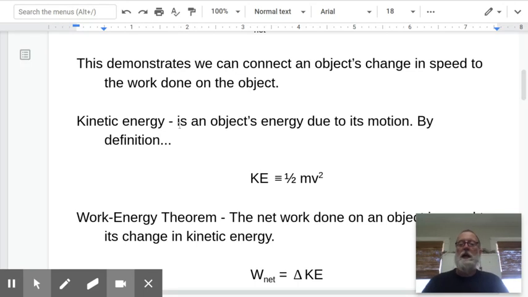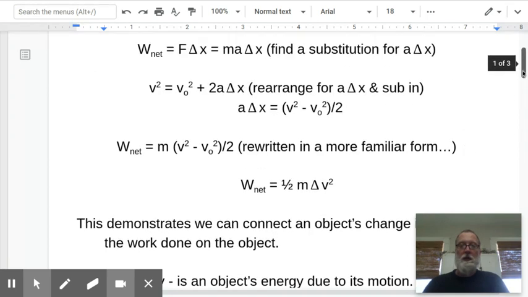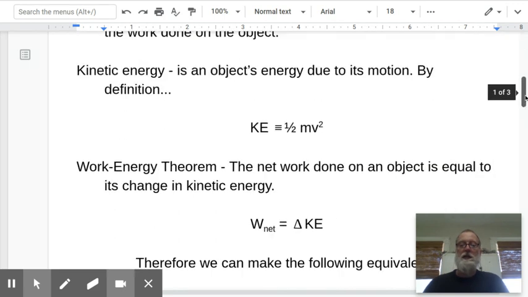So objects that are moving have energy because they can cause work. By definition, kinetic energy is equal to 1/2 mv squared. The only difference here is we took the delta out. So the kinetic energy something possesses is 1/2 m times its velocity squared.